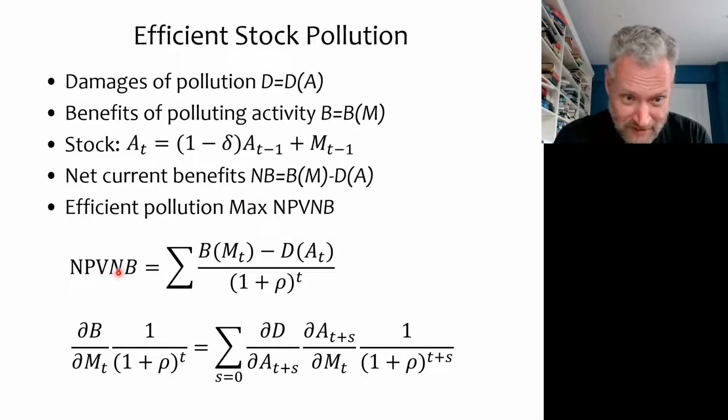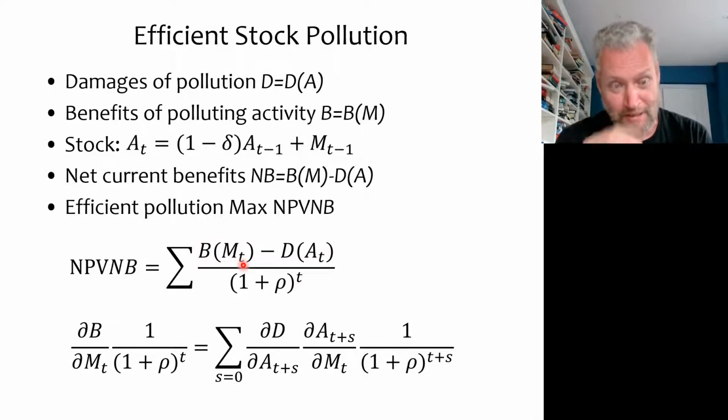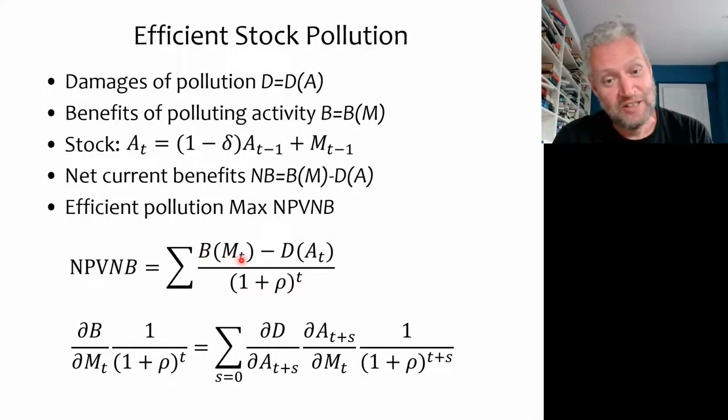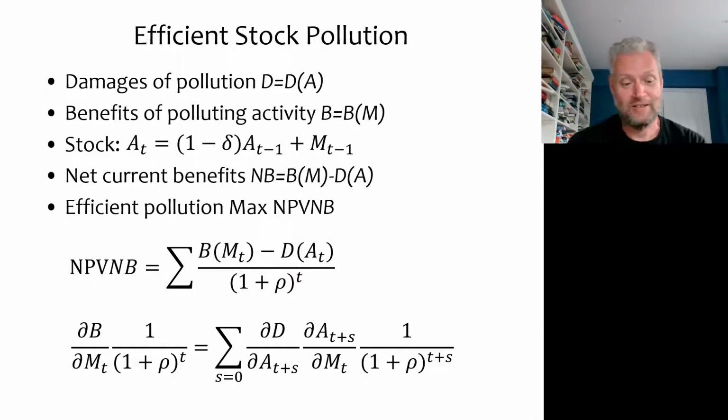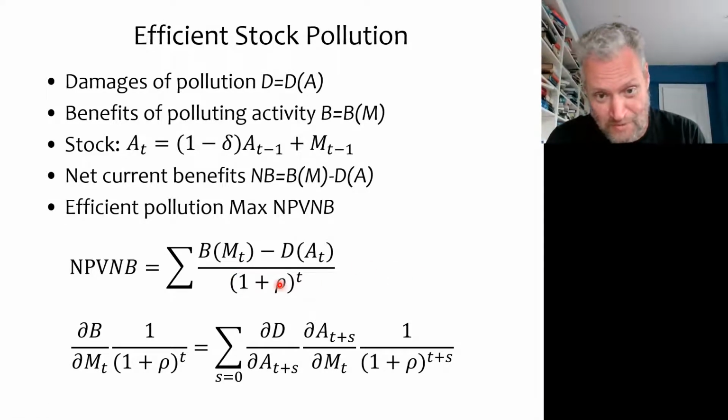The net present value of the benefits equals the present value of the net current benefits, that is the benefits of the polluting activity at time t minus the damages of the stock of pollution at time t, and of course we want to discount that with a discount factor, a discount rate rho.